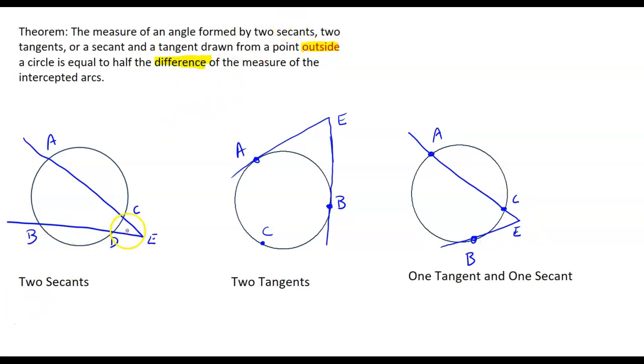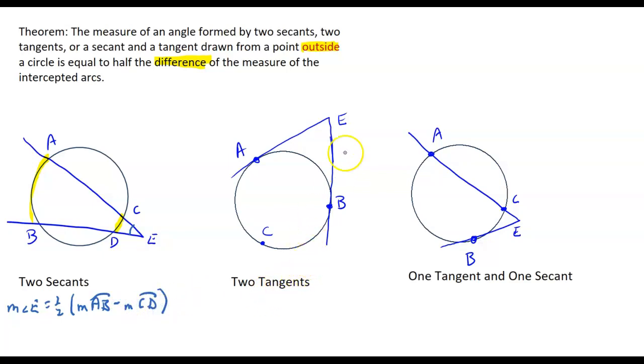So, if I want to find the measure of this angle E, then the measure of angle E is 1/2 the difference of the intercepted arcs. So it's going to be this arc minus that arc. So it's half of the measure of arc AB minus the measure of arc CD.